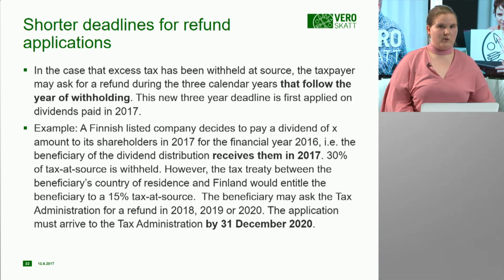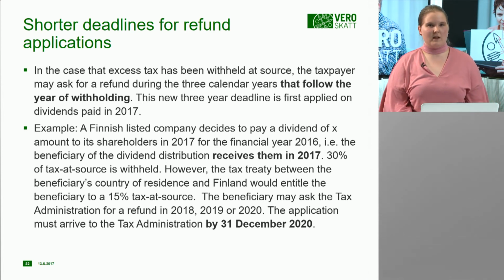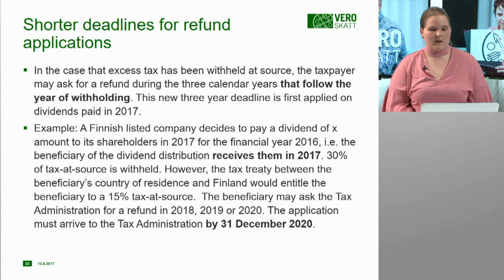As you also know, we do not process applications during the year that the tax was withheld. So what does this mean? This means that your application should arrive at the tax administration by the 31st of December 2020.